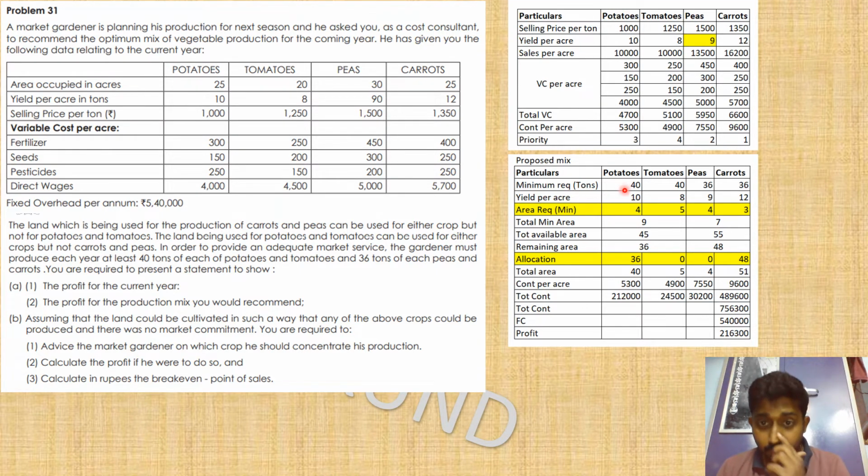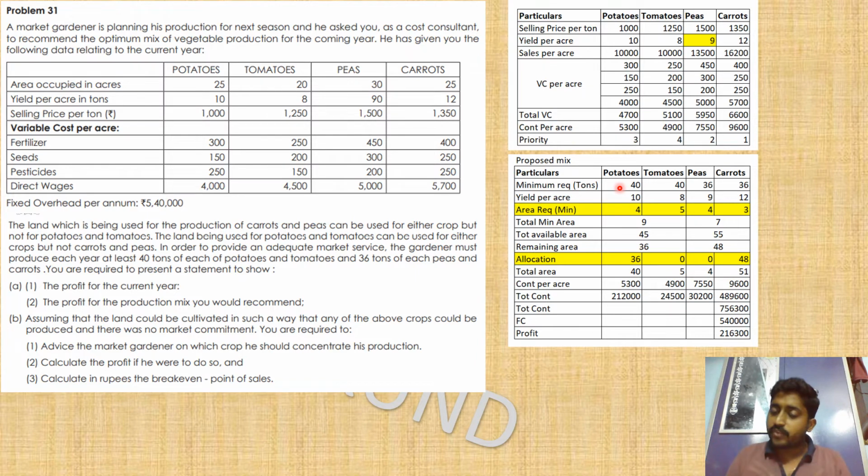For potatoes, 10 tons can be produced in 1 acre. The minimum requirement is 40 ton, which means 40 divided by 10, so 4 acres are required for producing the 40 tons of minimum requirement.